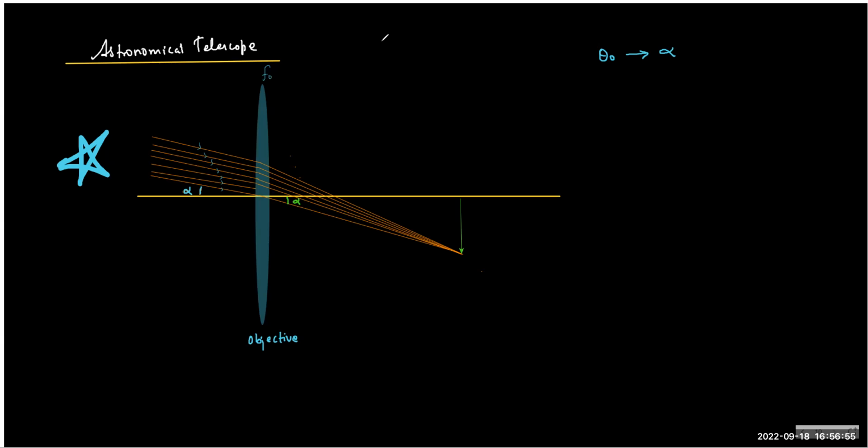And the location is predefined. You can easily say this is equal to f naught without any doubt. And this is, let's say I'm looking at some star, maybe the sun or moon, the size of the moon that you will see here.